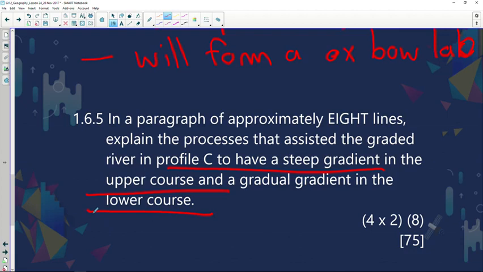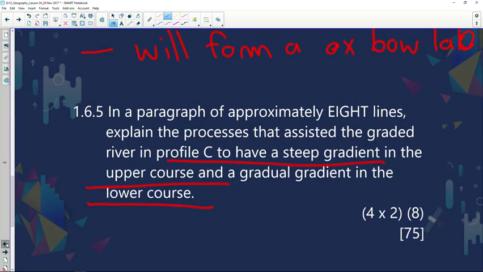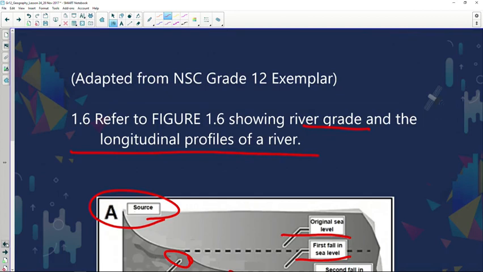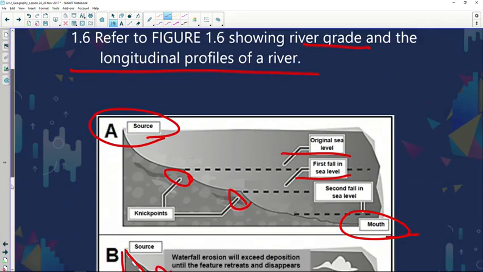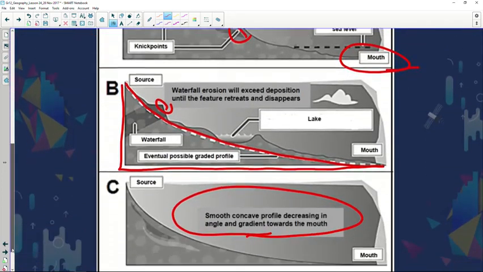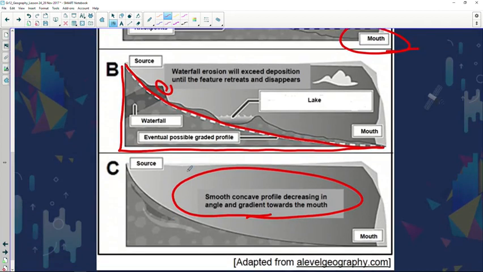Now the reason for it, if we look at C, as you can see, this is the upper, middle, and lower course. And the reasons for the process creating the steep gradient in the upper course are the following.